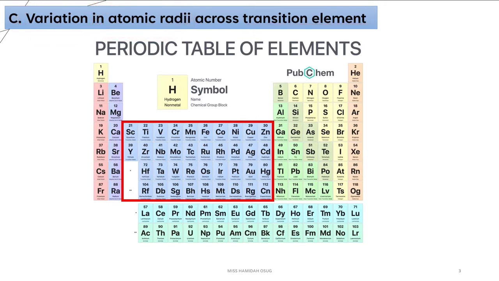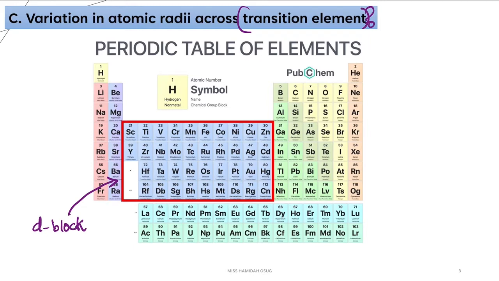So the first question that I want to ask you: what is transition element and where is it located in the periodic table? As you can see there, that is the location of the block.